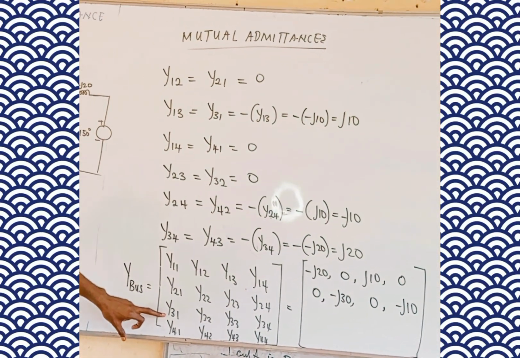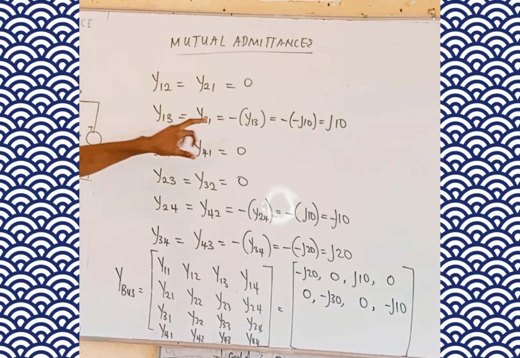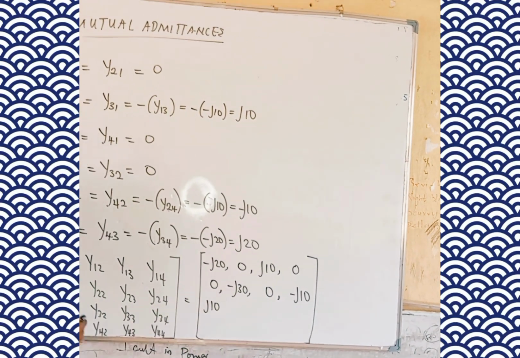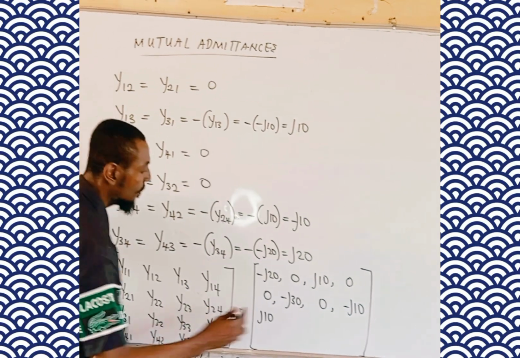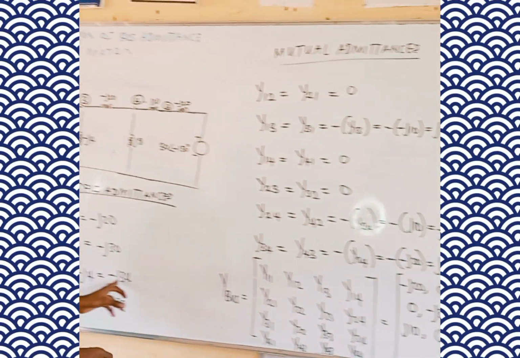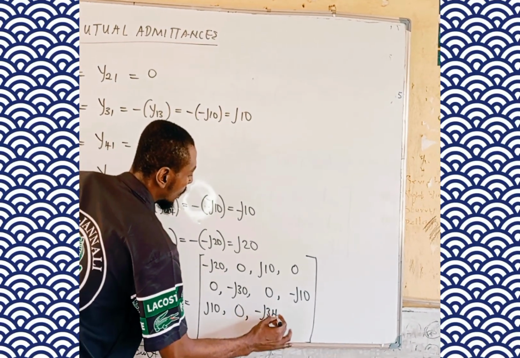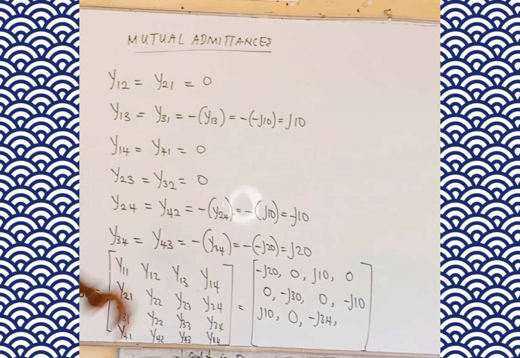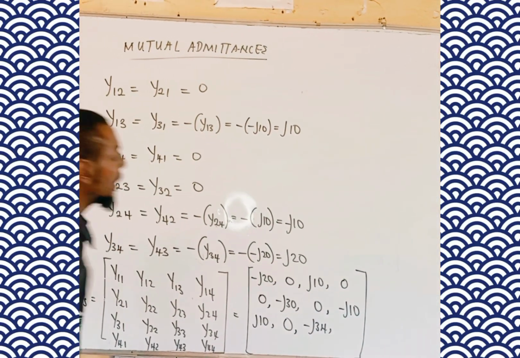The third row, y31, what is it? Okay, j10. y31 is j10. y32 is 0. y33 is minus j34. And y34 is j20. Am I right? Yeah, that's j20.